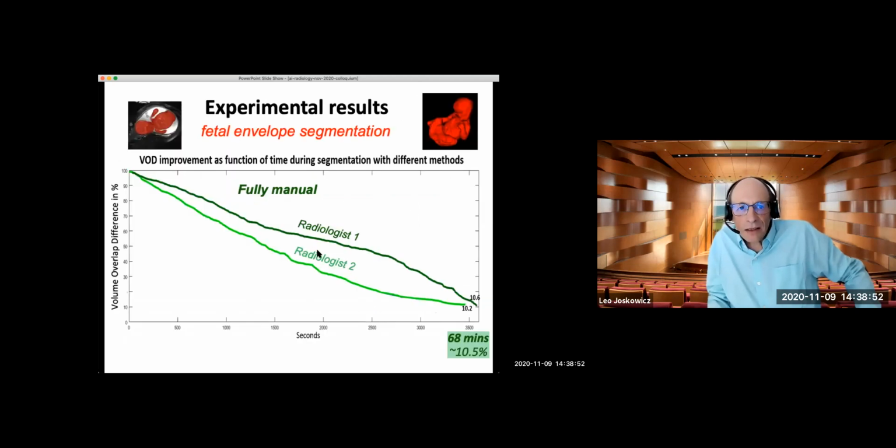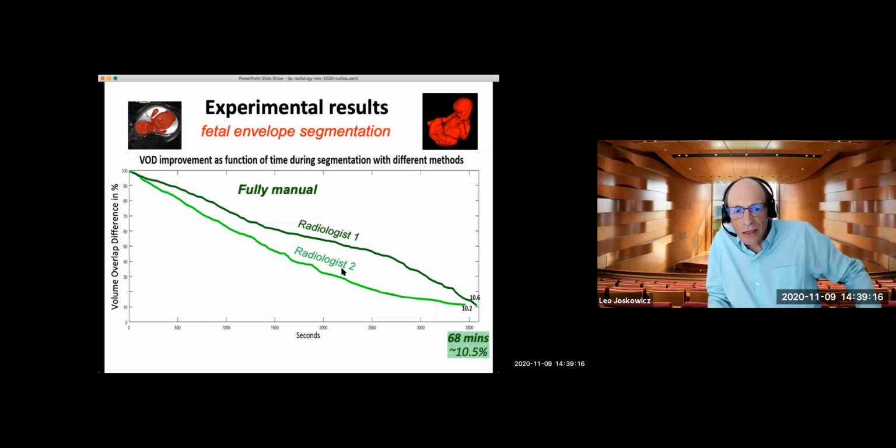This is what it looks like, and this is the average over 30 cases. Here you see the volume overlap difference. So at the beginning, at time 0, there's 100% error. As the radiologist does this manually, after more than an hour, the difference between two radiologists is about 10%. This is the observer variability.